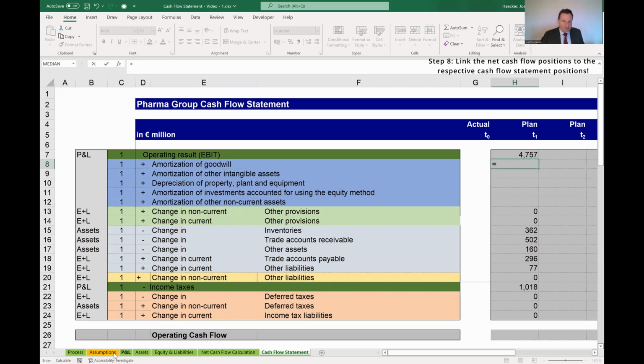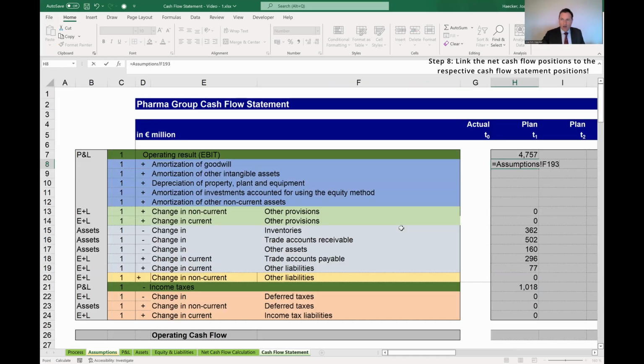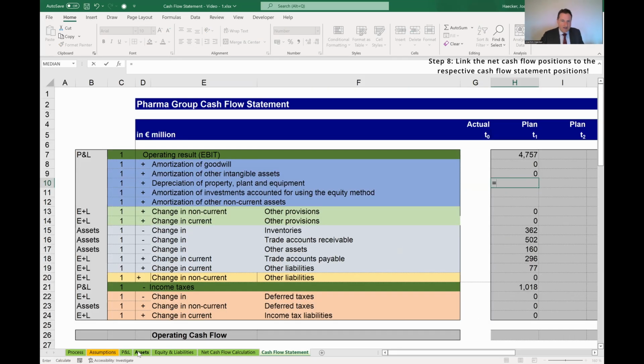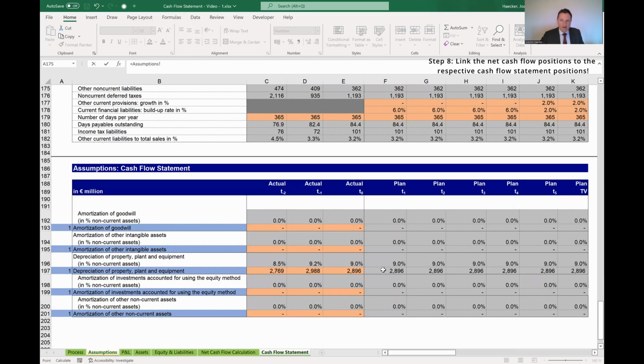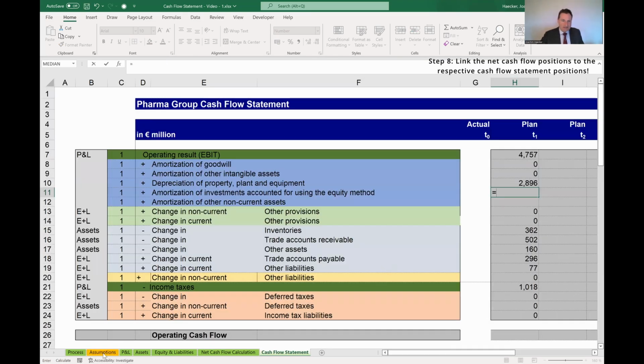So I'm also pointing out the respective positions, the respective financial figures. And now I'm almost done.